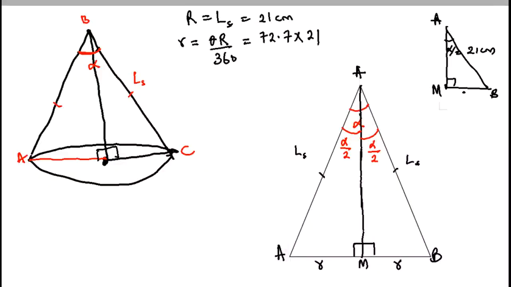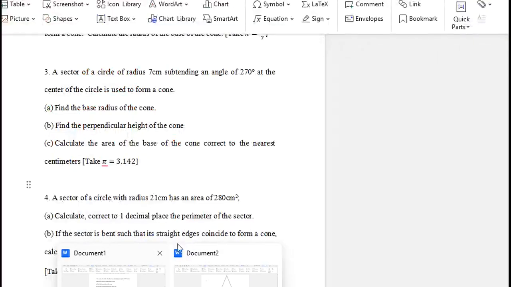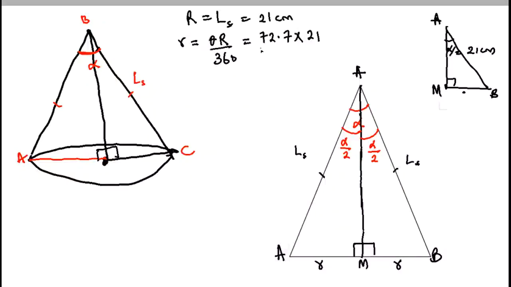Then all over 360. Multiplying through, 72.7 times 21 is 1526.7, divided by 360.